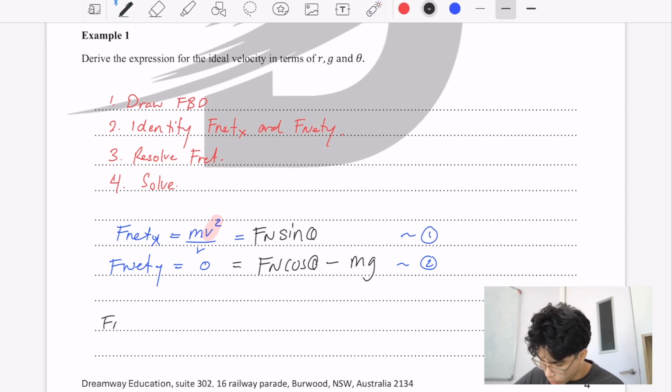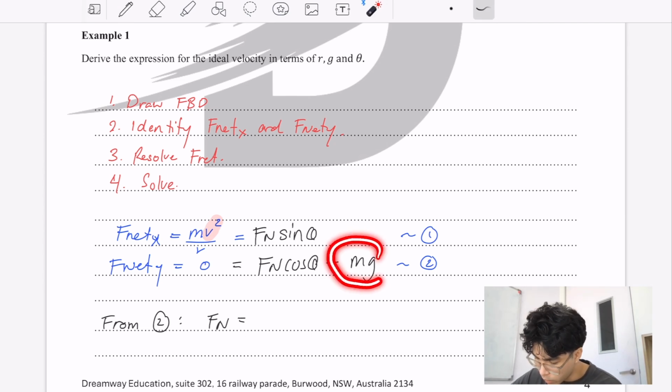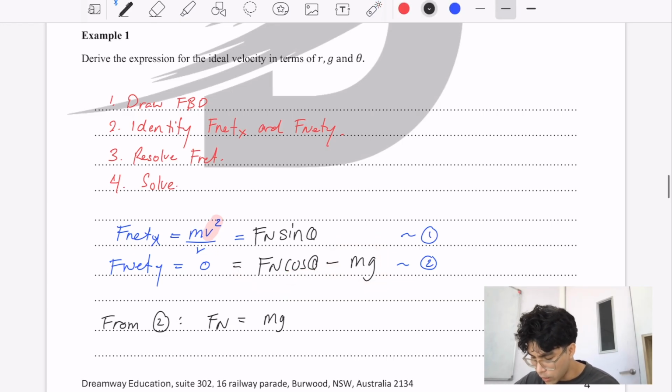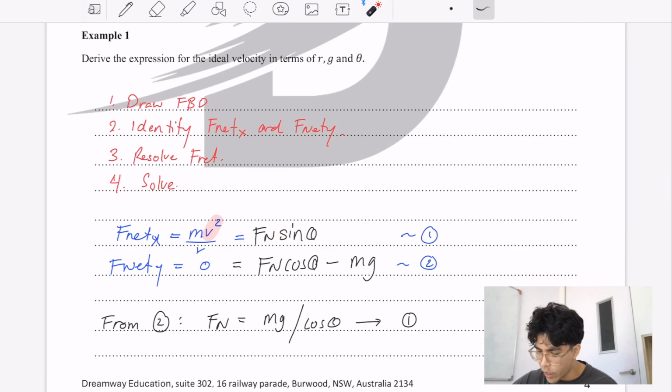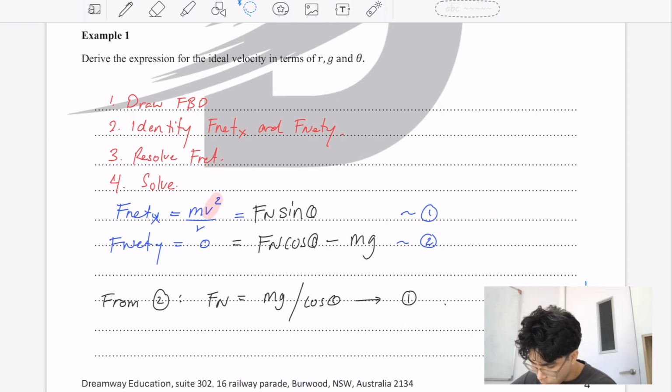Okay, so from our equation number 2, we can see that the normal force is equal to, now I'm just going to do this really quickly for you guys. Take the mg, chuck it over, it's positive mg divided by cos theta. Okay, so mg on cos theta. And when I take that and plug it into equation number 1, I can remove Fn from our first equation. And you're going to get here, I'm just going to move everything up a little bit.